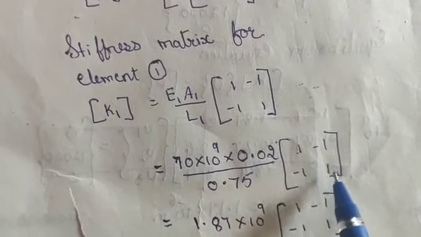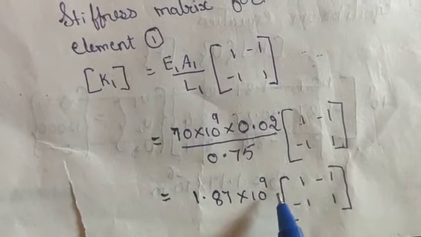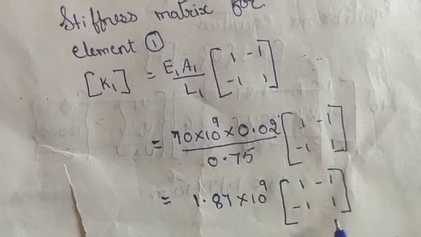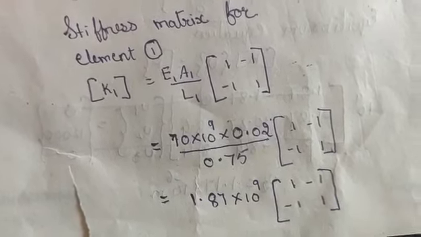If you substitute the values, 70 into 10 raised to 9, area as 0.02, length as 0.75, you will get 1.87 into 10 raised to 9 times the matrix [1, -1; -1, 1].